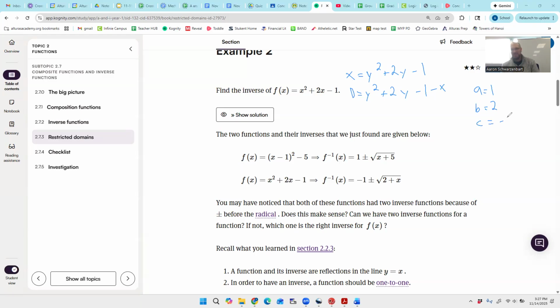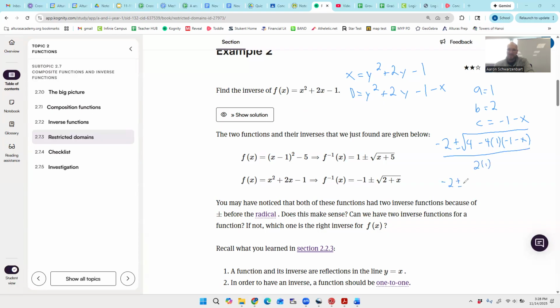Except I have this really funny thing. C is -1 minus x. So when I do the quadratic formula, I get -2 plus or minus the square root of 2 squared, or 4, minus 4 times A times C, over 2 times 1.